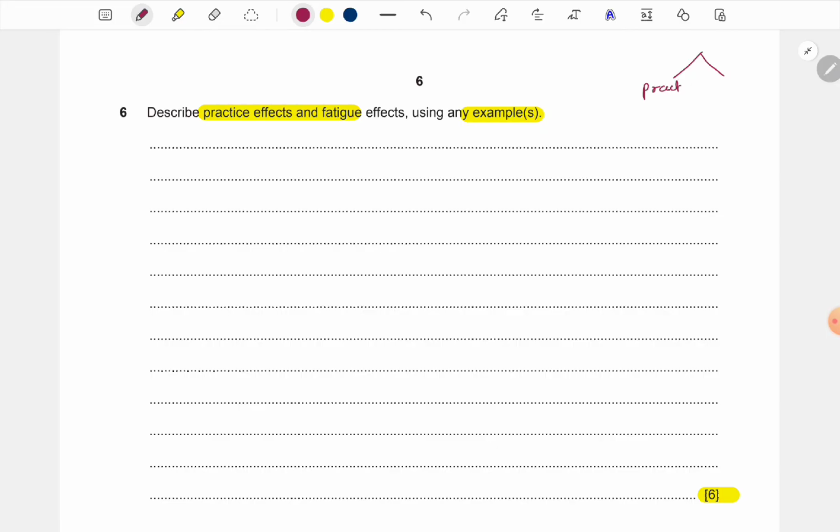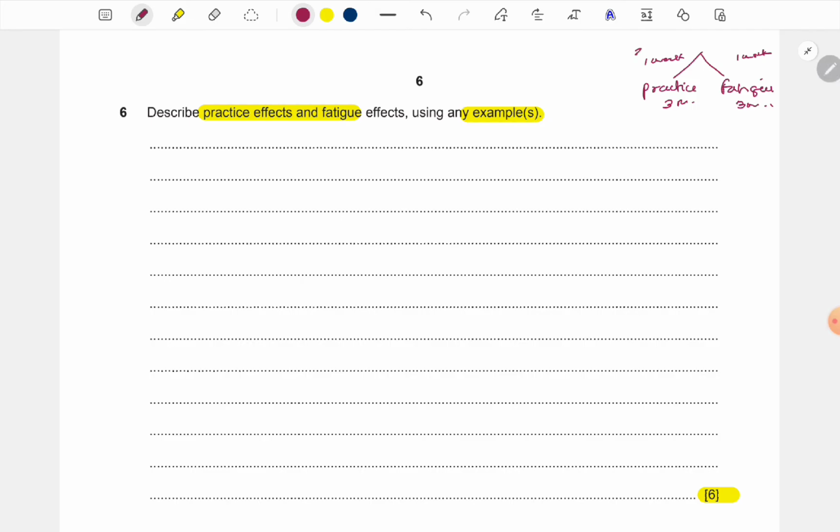Means it's very easy to understand the structure. So practice is for 3 marks and fatigue is for 3 marks. Within that also the breakup is easy to understand. Definitely any concept is asked, you're going to be giving the definition. So 1 mark each for definition. Whether you call it definition or I'm explaining the concept, you're essentially just explaining what the concept is. So that is for 1 mark.